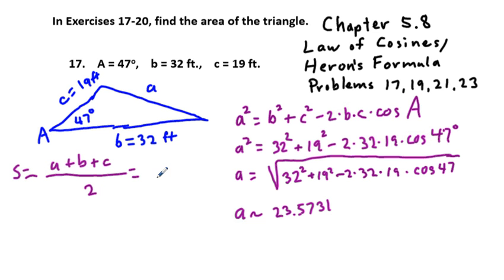And in the case of this triangle, we're going to have A is 23. Because of these significant figures, I'm going to just continue below here.